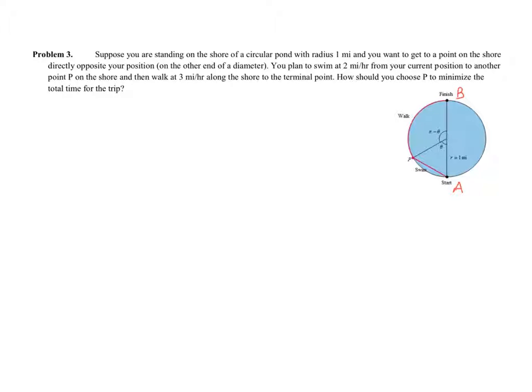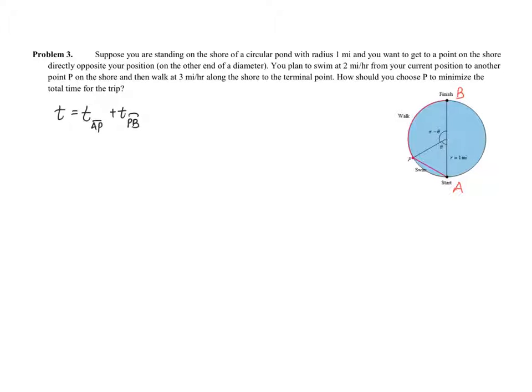Now, to find the total time, we certainly need the time for this particular segment from A to P, the straight line, and then the time from P to B, this arc. So it's the time for segment AP plus the time for the arc PB.